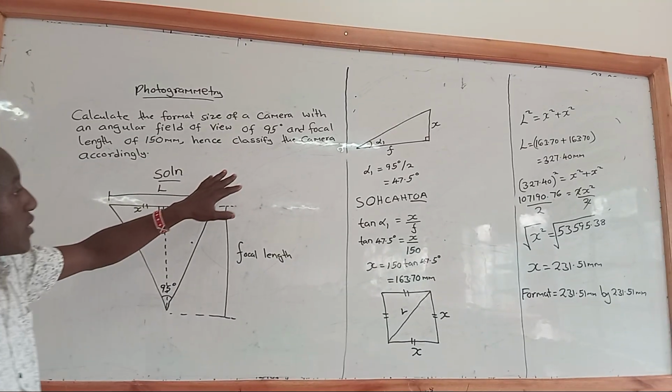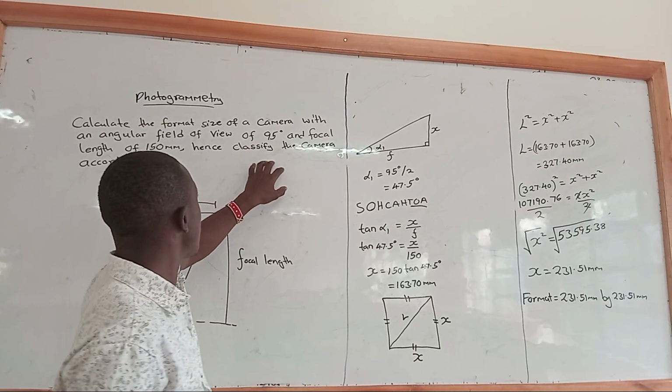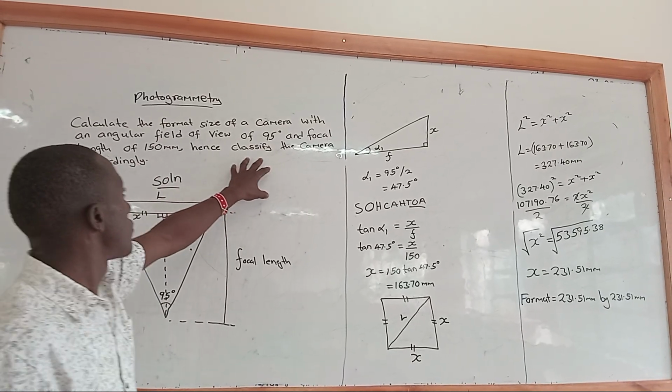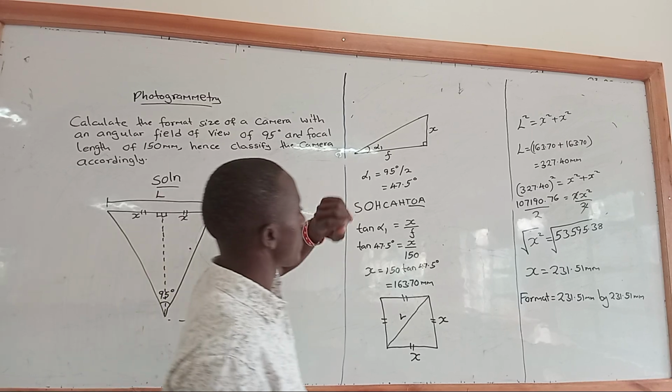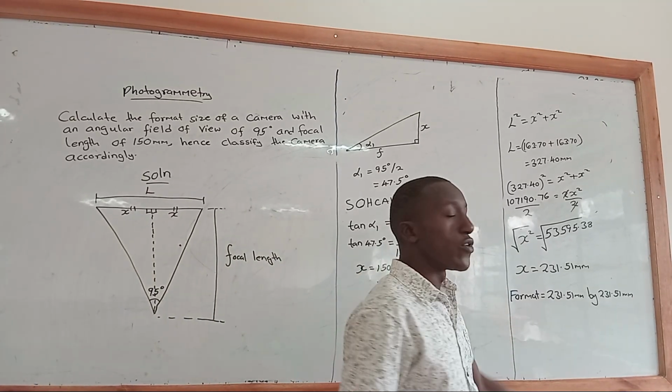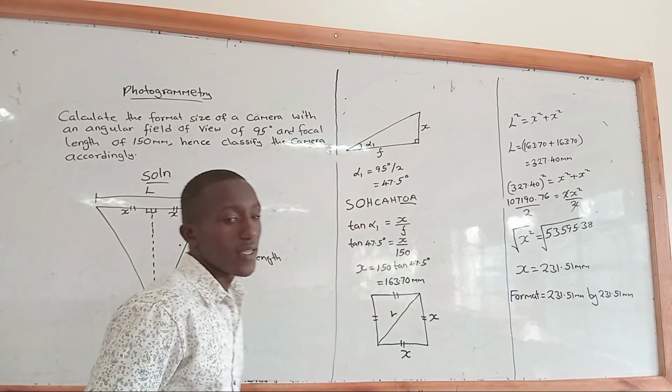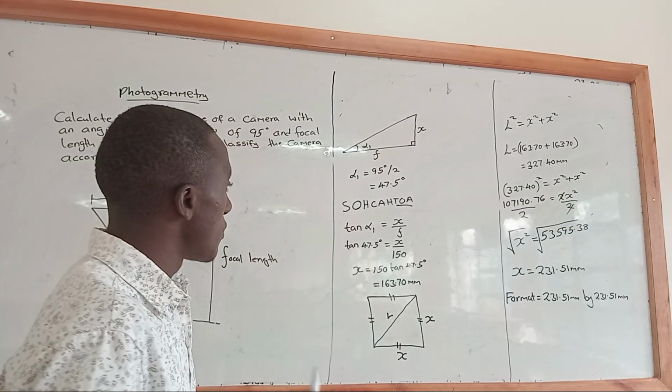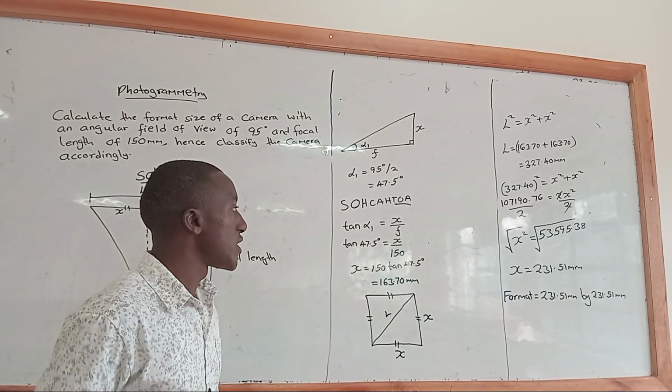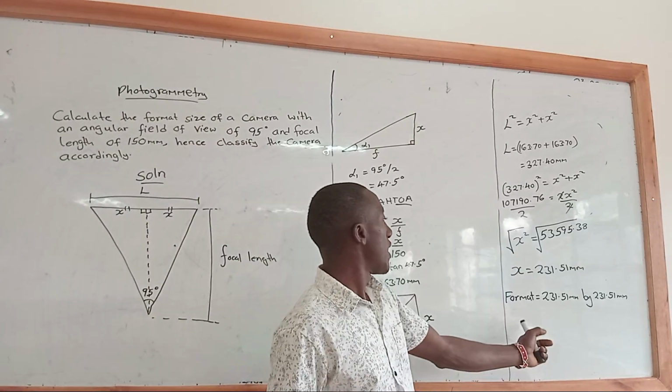So the question goes on and says, we classify the camera. After finding our format, we want to classify our camera. So for you to classify a camera, you consider the format and the angular field of view.